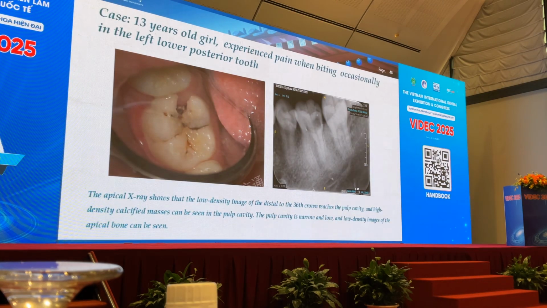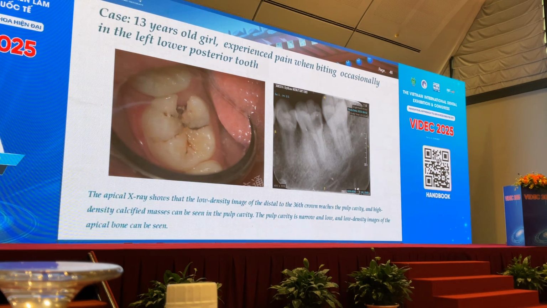Now, let me show you the entire process of vital pulp surgery for the teeth with irreversible pulpitis or apical periodontitis. I just show the picture, right?